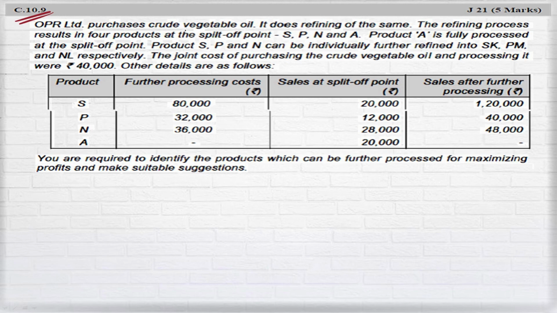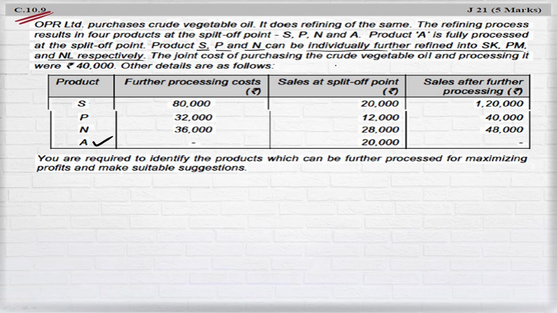OPR Limited purchases crude vegetable oil. It does the refining of the same. The refining process results into 4 products at the split off point: S, P, N and A. Product A is fully processed. At the split off point, products S, P and N can be individually further refined into SK, PM and NL respectively.